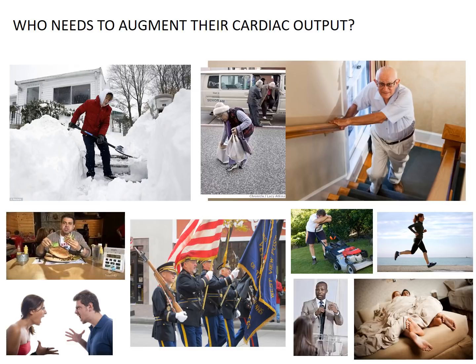All this type of stuff is going to increase cardiac output. And as we move on through this unit, we're going to talk about what happens when an individual starts to get involved in these activities, but cardiac output can't be increased, or oxygenation of the heart can't be increased due to underlying pathologies.